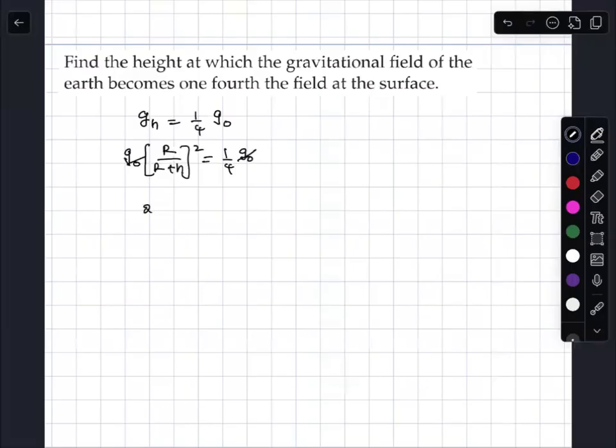So with this, you can write 2R is R plus h. So h is R. At a height equal to the radius of the earth, acceleration due to gravity is 1/4 of what it was on the surface. Right. Next.